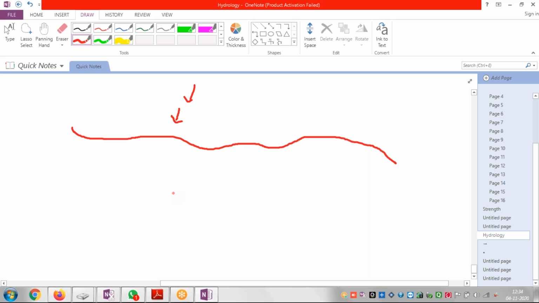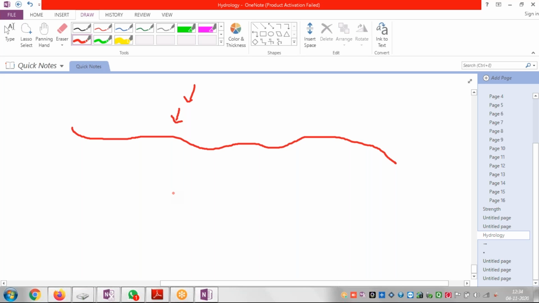This rainfall rate is given here, I. Suppose this I, rainfall, is coming at the rate of, say, 10 mm per second.